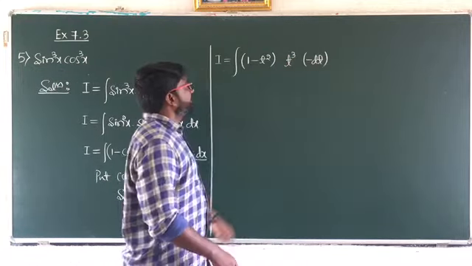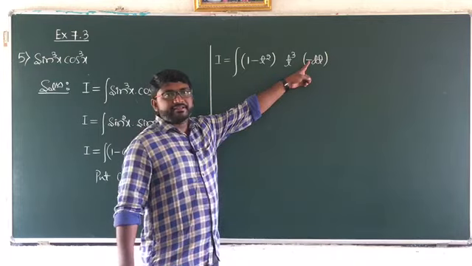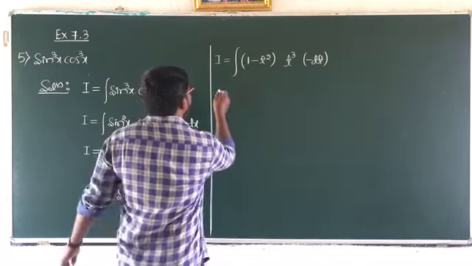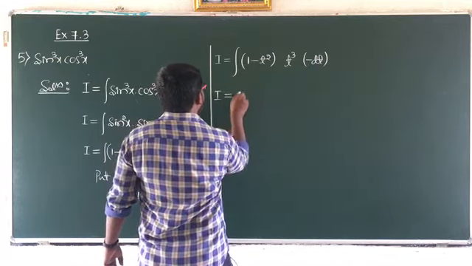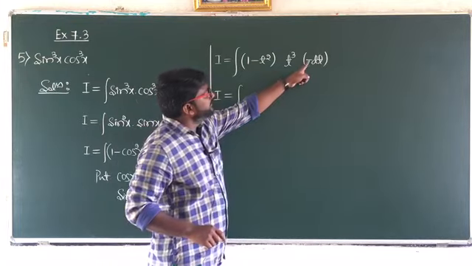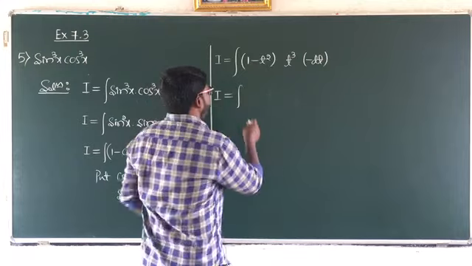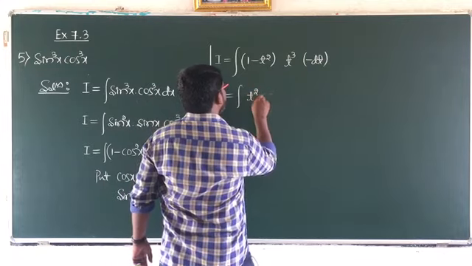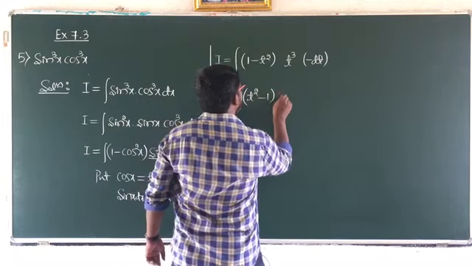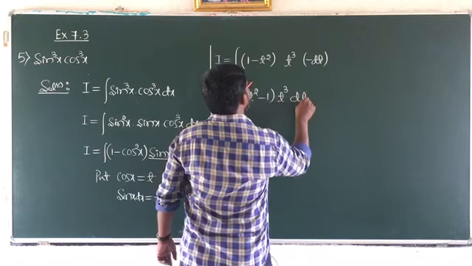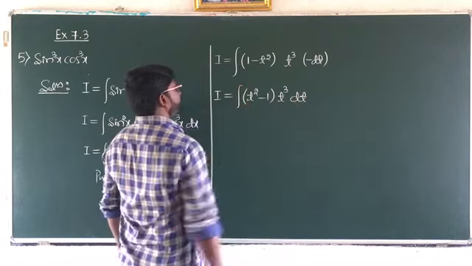So now I multiply minus sign with this one. So I is equal to integral, this minus will be multiplied with this, so that these terms will be reversed. We get t square minus 1 into t raised to 3 dt.